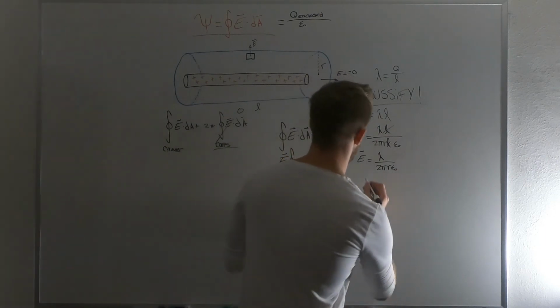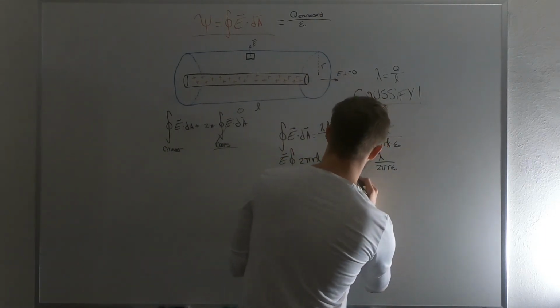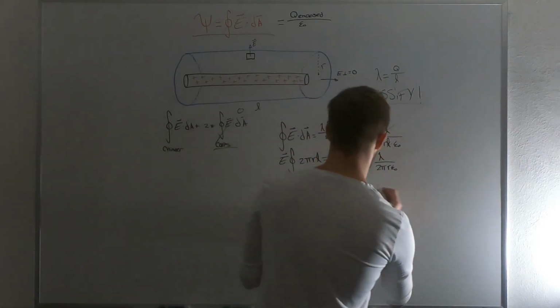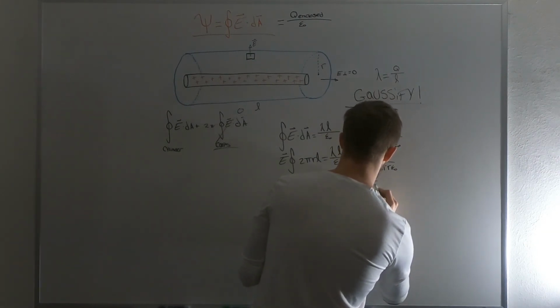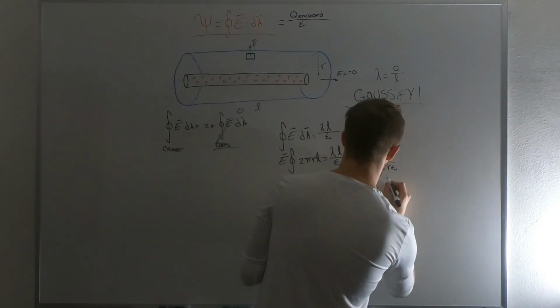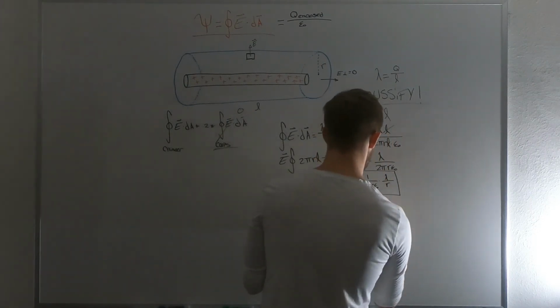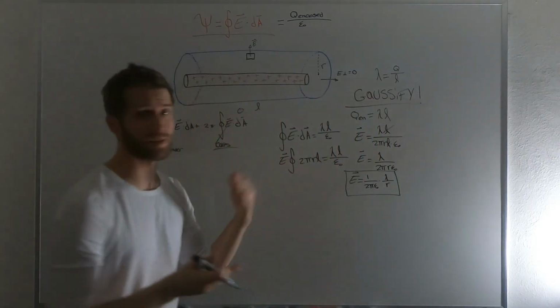Maybe if I represent it this way, it'll look a little more familiar. We just have 1 over 2 pi epsilon times lambda over R. And there it is. And that is our equation.